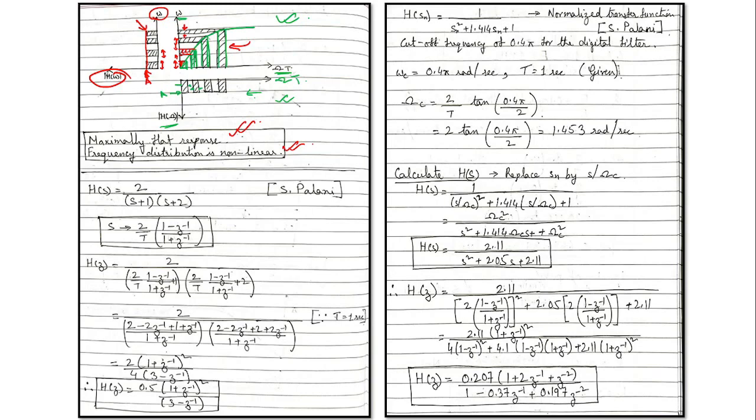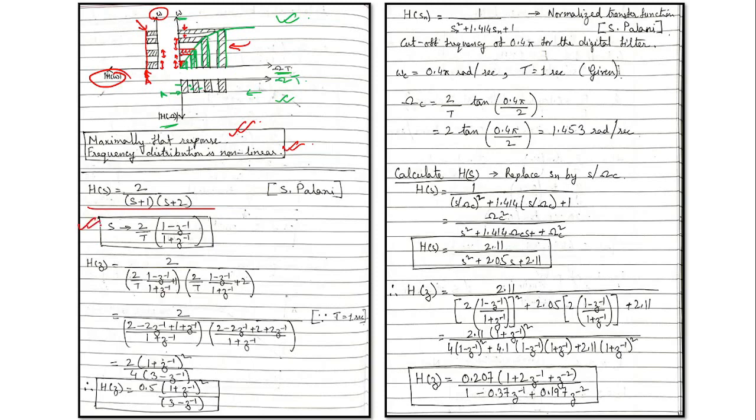Now with this, let's take up a couple of examples. It's similar to the impulse invariance method, but still we have to look into this as the transformation is changing. So let us take this example: H(s) equals 2 divided by (s plus 1) multiplied by (s plus 2). We have to transform this into a digital filter.